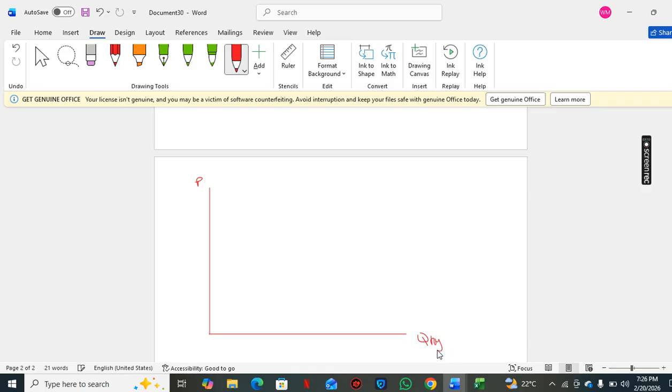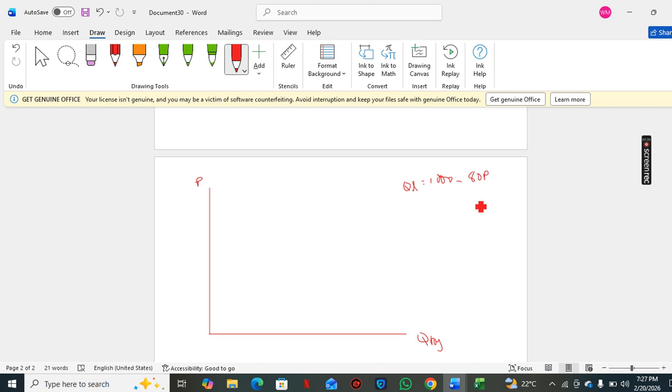This is how to illustrate this graphically. Sometimes you might be asked to draw this. So you start with the demand function. Remember the demand function, QD equals 1000 minus 80P.